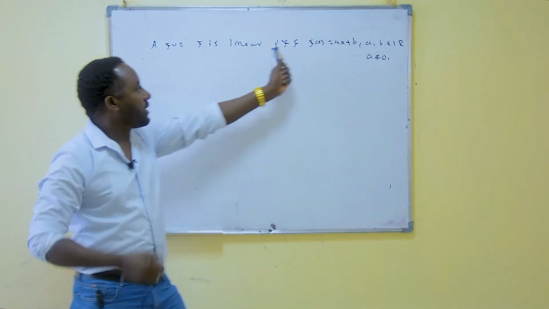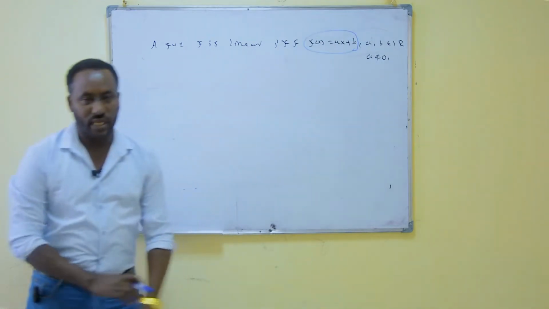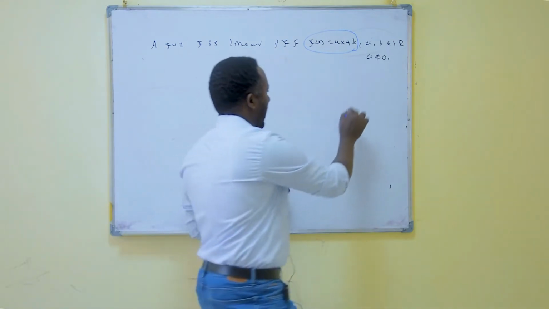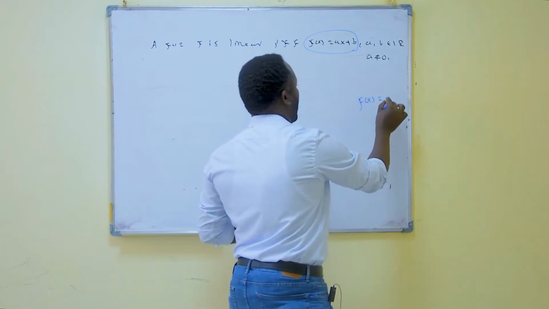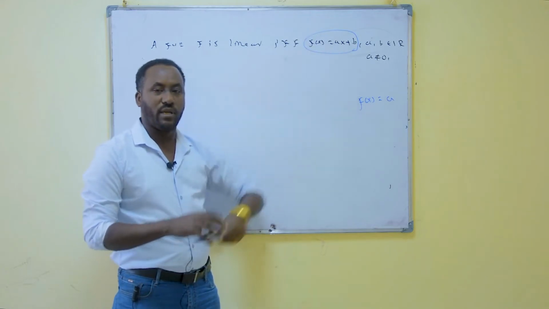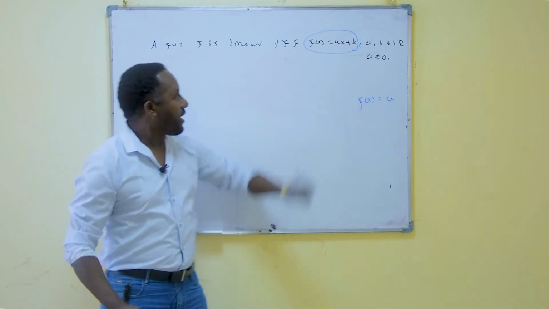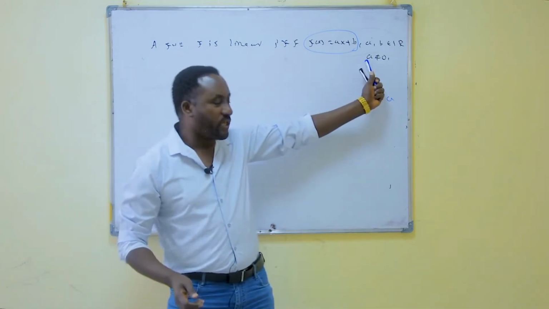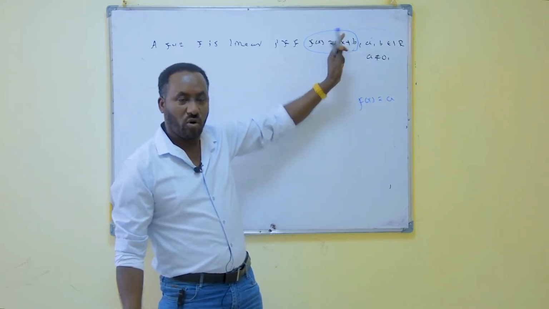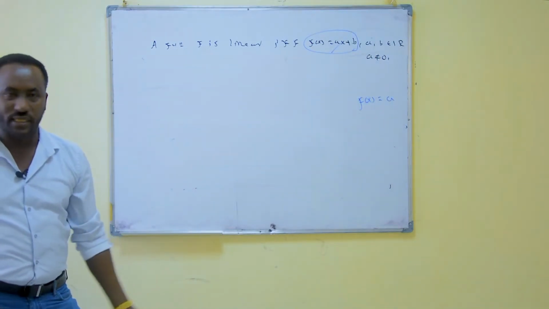A function is called linear only when it is expressed in this form. First we need to know the form of each. A function is constant when it is expressed as f of x equals a, a constant number. A function is linear when f of x equals ax plus b. This means a cannot be zero. Do you know the reason? If a is zero, we have only b, which is constant, so it would be a constant function.